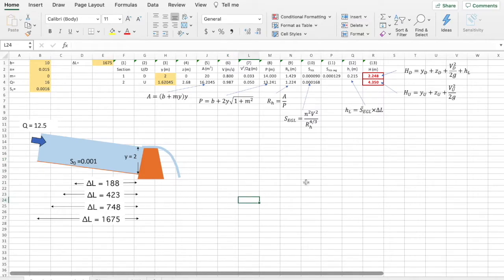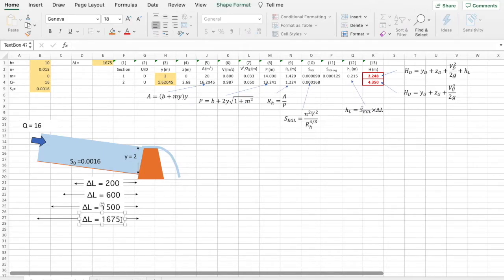We also change the information on this diagram. Q is 16. Slope is 0.0016. And we also need to change the diversion points for this problem. The first delta L is 200. Second delta L equals 600. And the third delta L equals 1500.